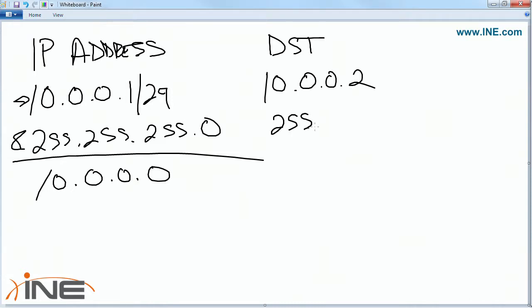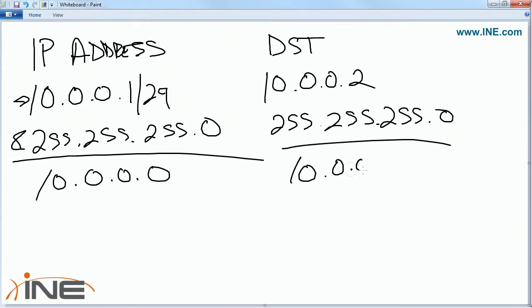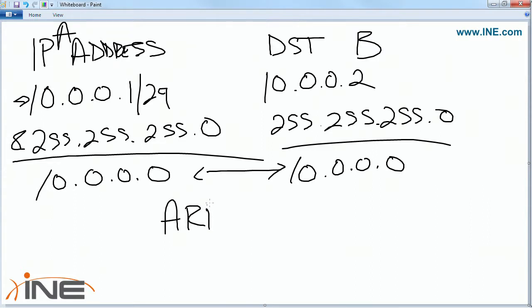It then takes the destination and does an AND with its own subnet mask. If these two results turn out to be equal, the IP host knows that the source and the destination are on the same segment, or they're on the same subnet. So this means that if this is the source A trying to reach the destination B, it's going to directly send an address resolution protocol request to try to figure out what is the IP address to MAC address resolution.